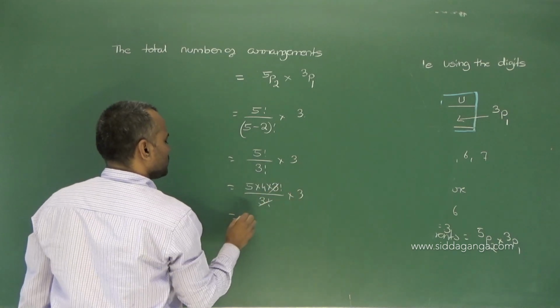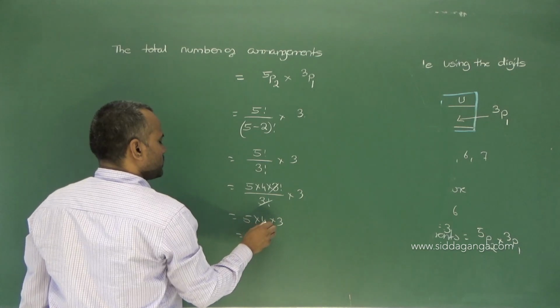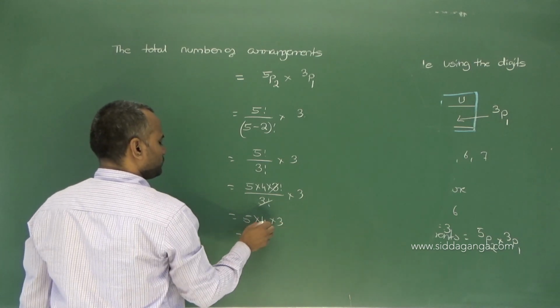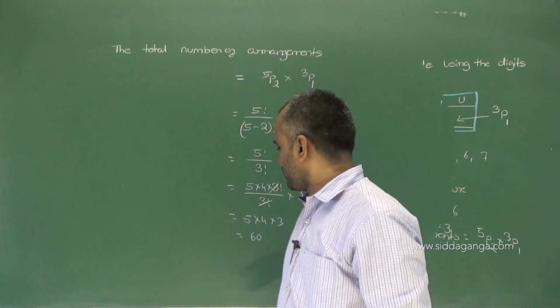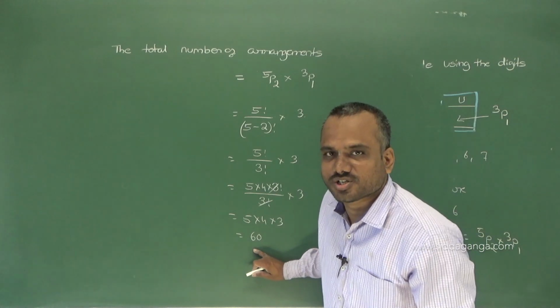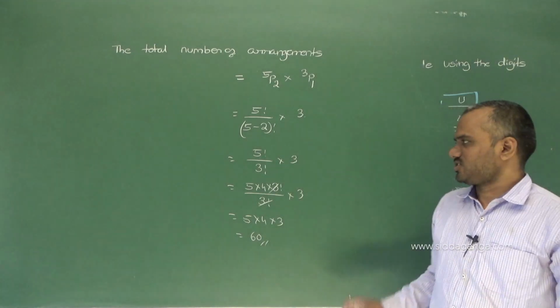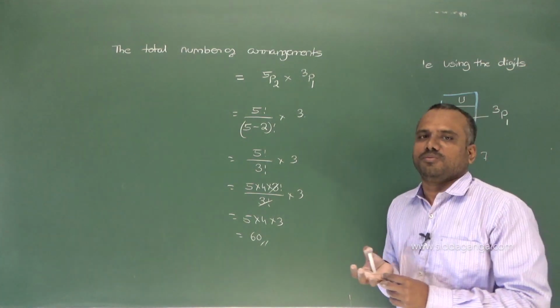The 3 factorials get cancelled, leaving 5 into 4 into 3. 20 into 3 is 60. So the total number of 3-digit even numbers is 60. This is the method to solve such type of problems.